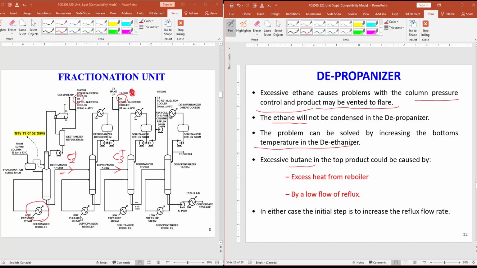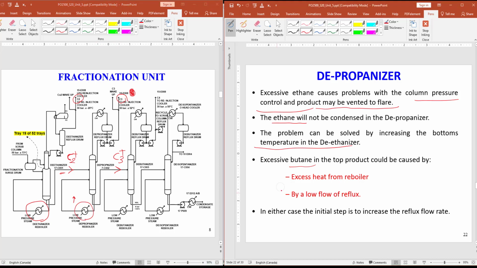We can increase the heat duty of the reboiler, and once you increase the heat duty, you will vaporize all the light products like propane, and heavier products will be sent to the other stage.